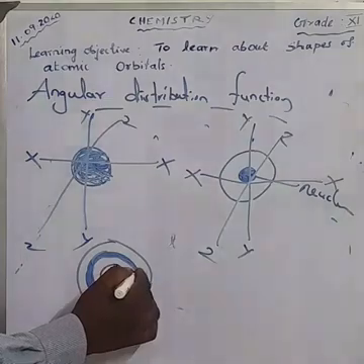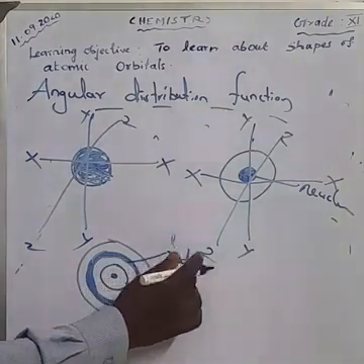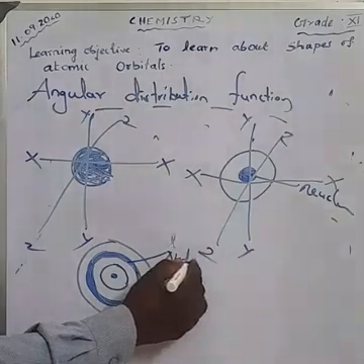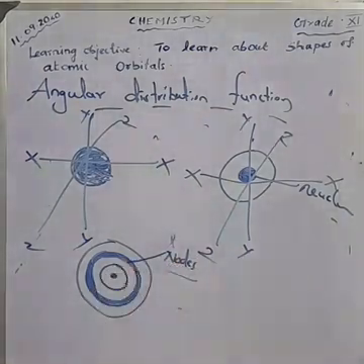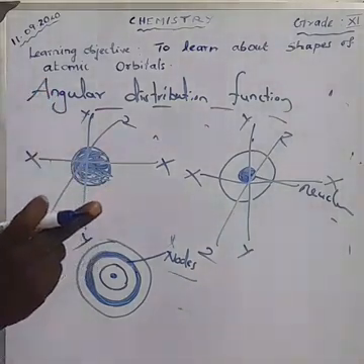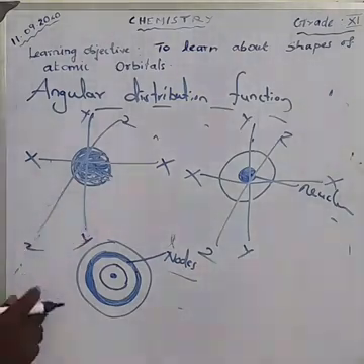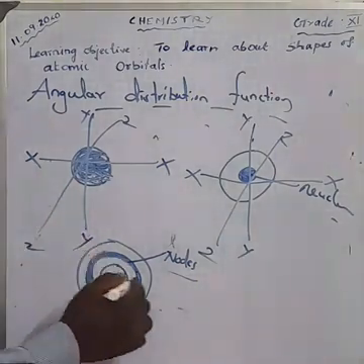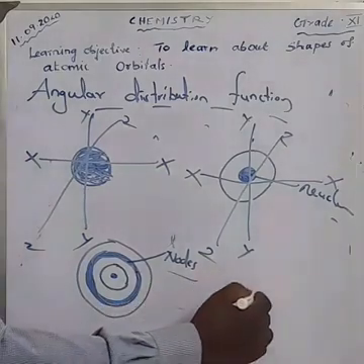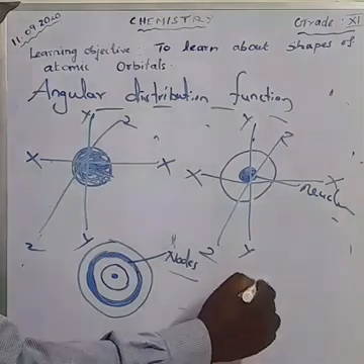This we call the nodal surface, otherwise we can say nodes. Here the 2s orbital has only one node. Clear? What about the 3s orbital? 1, 2.